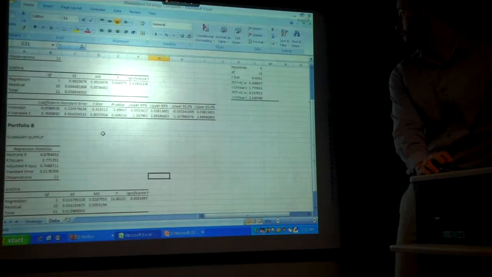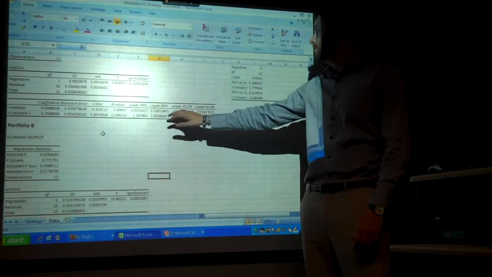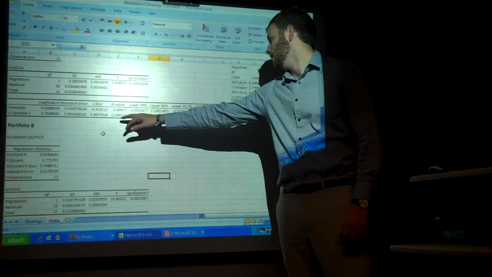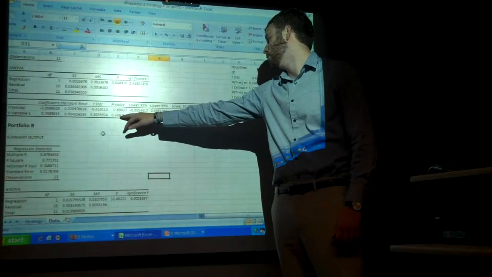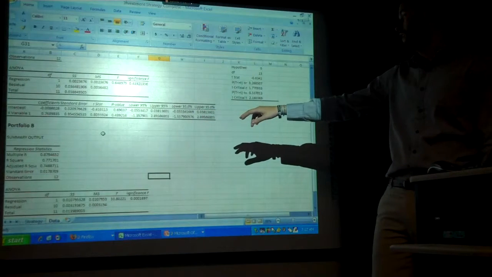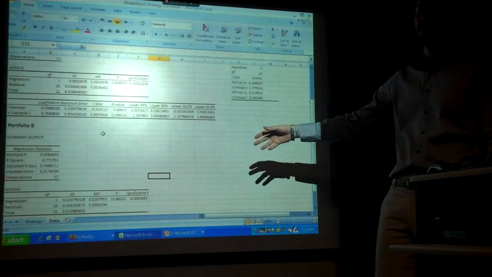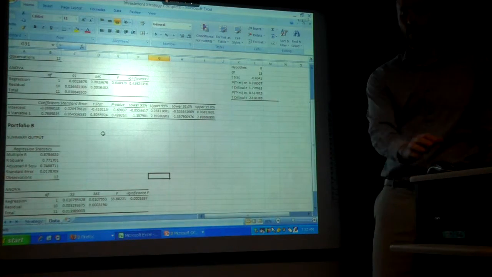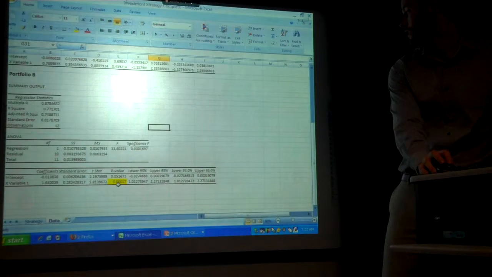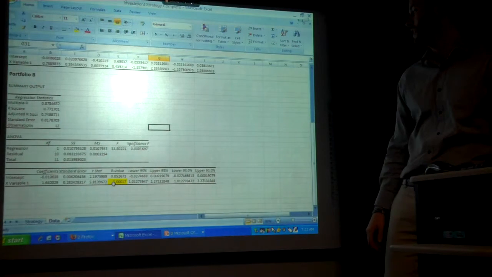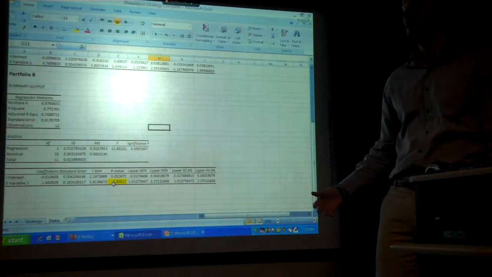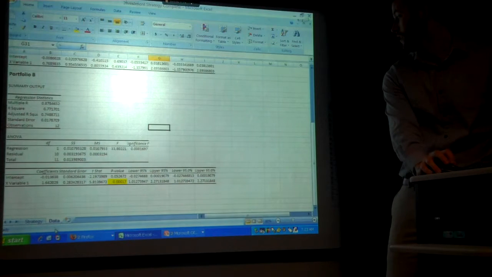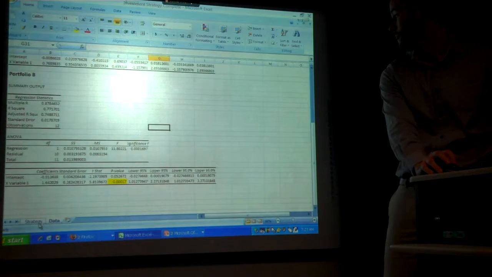And as you can see, for the high P/E ratio stocks, the P value is 0.439, which is much higher than the 0.05 needed to make it statistically correlated, whereas the low P/E ratios down here is 0.00017, which makes it very statistically significant.